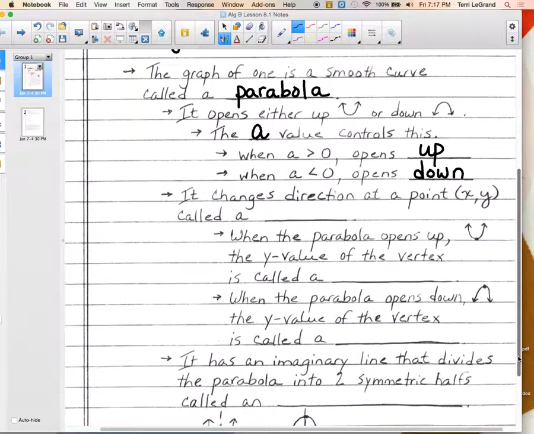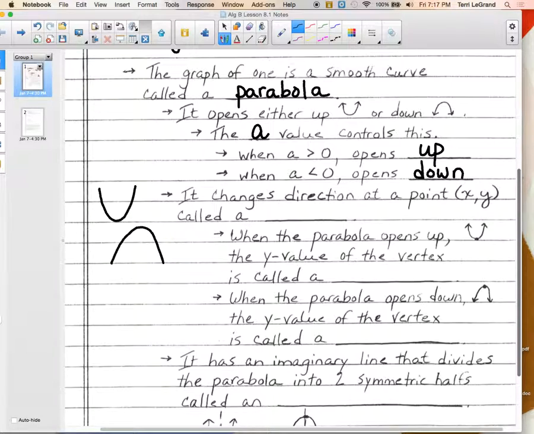Okay, in this U, it starts going down and then all of a sudden it makes a turn and goes back up again. Or it might be climbing first and then it makes a turn and goes down again.